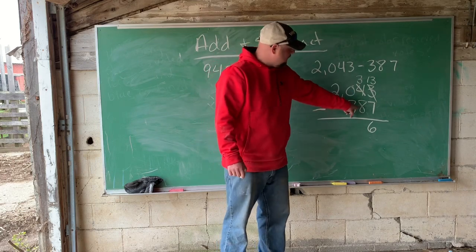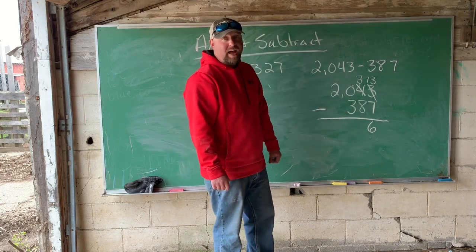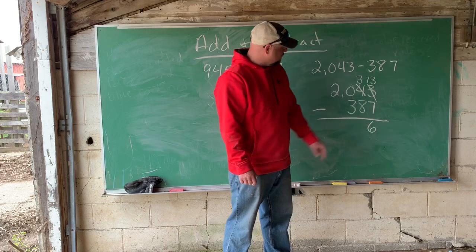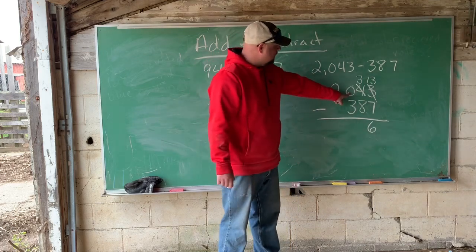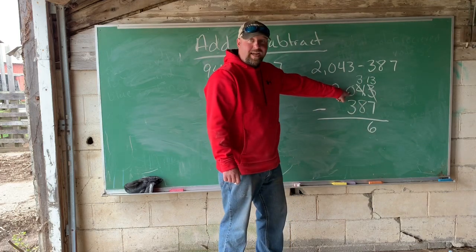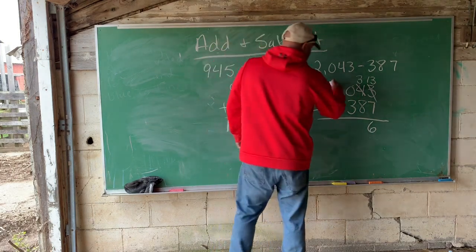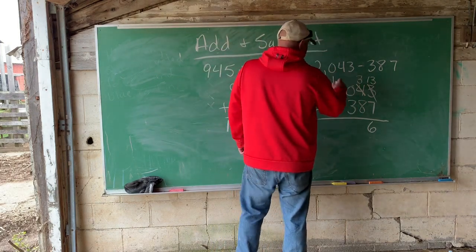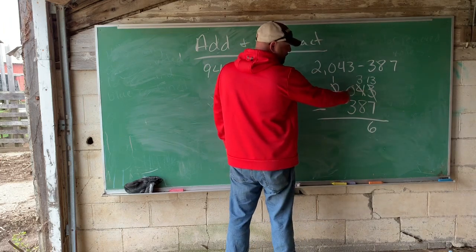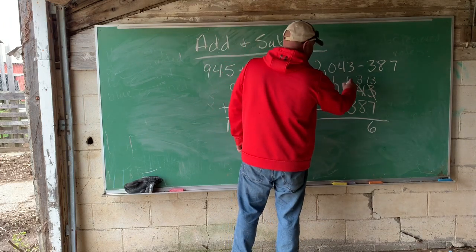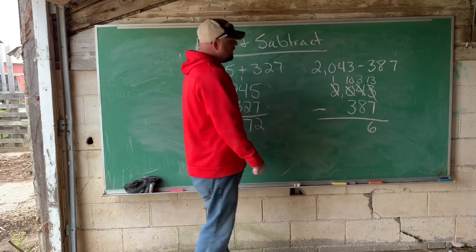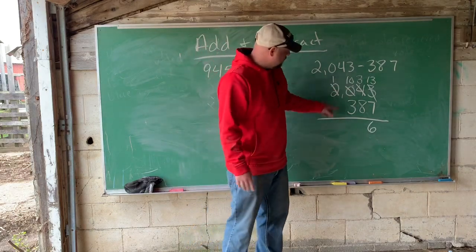3 minus 8. No, it's not 5. The 3 is smaller than 8, so I have to come to his neighbor. Oh no, I cannot borrow from a 0. So I have to come all the way over, borrow from my 2, and then what does that make my 0? It makes it a 10. Now I start over. Can I take 3 minus 8?